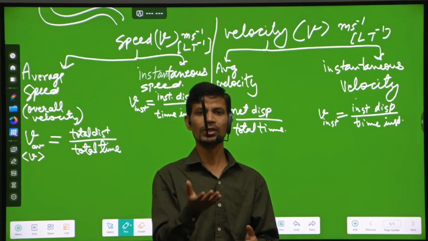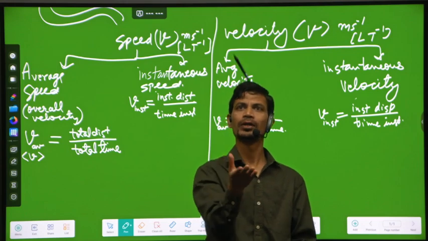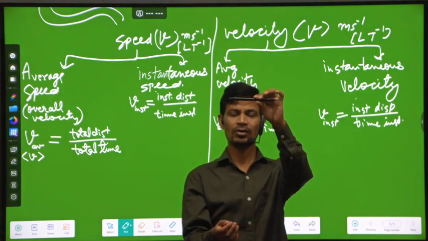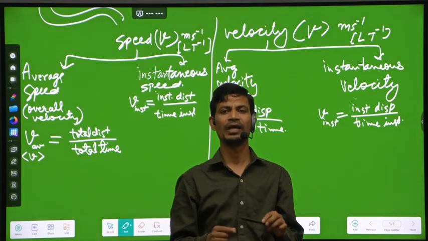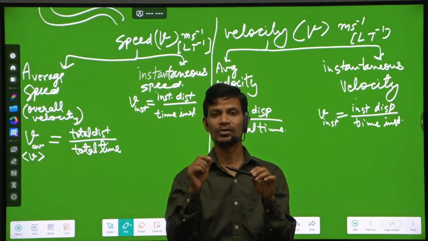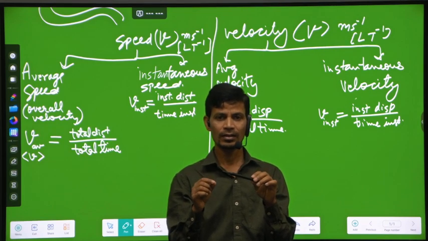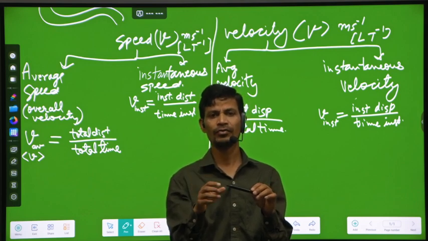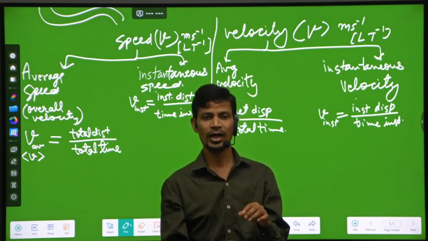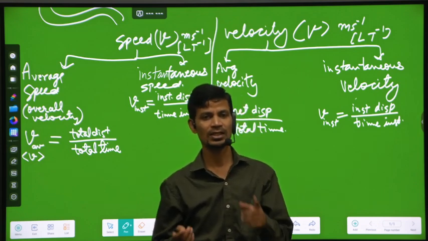If I throw this styler up, you can see that at the top it stops for a small fraction of time. At that time its velocity is zero, its speed is zero, but only for that instant. So at the top, instantaneously its speed or velocity is zero.